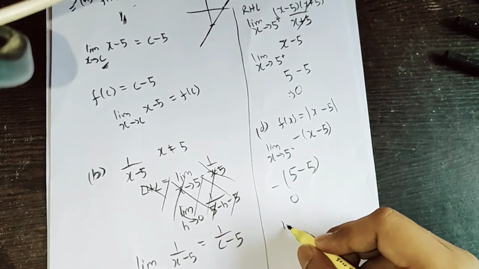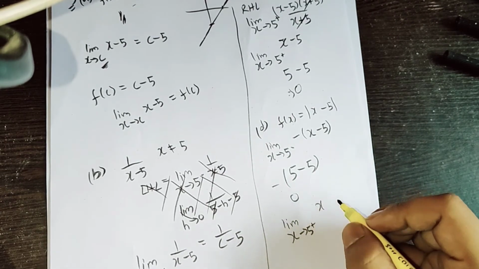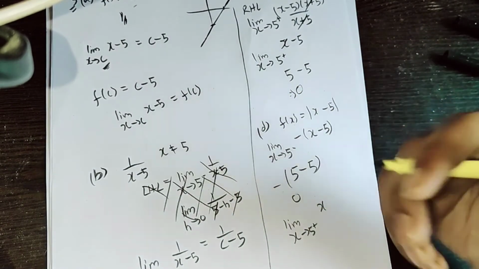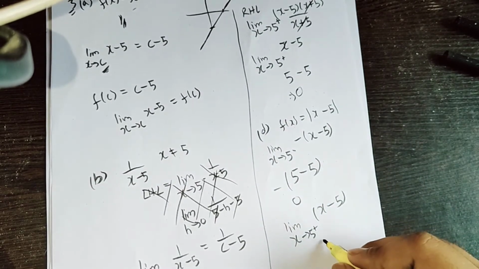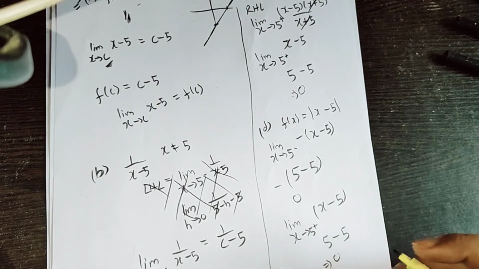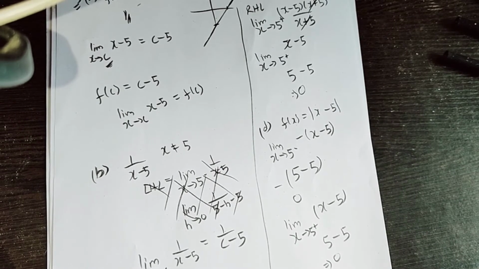And if you calculate RHL, 5 plus, the value of x is greater than 5 and it will become positive. So now we will put 5 in this equation and we will get 0. As you know, the RHL and LHL are equal, so it is continuous.